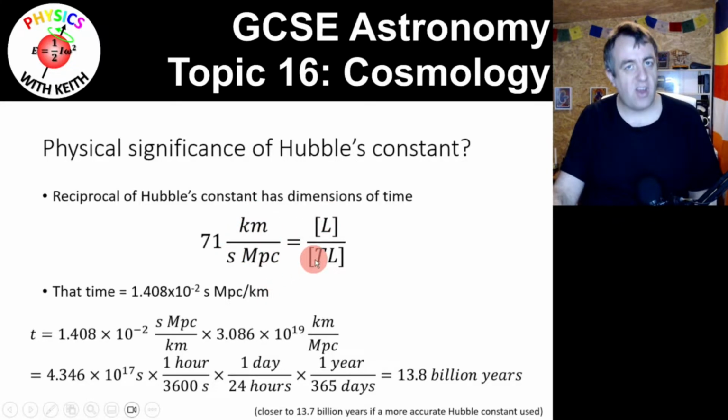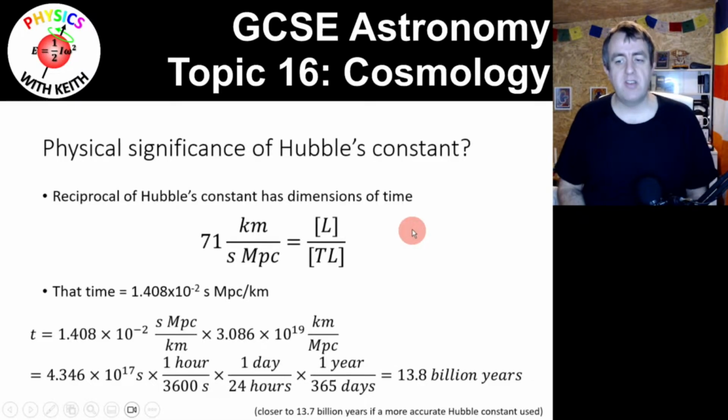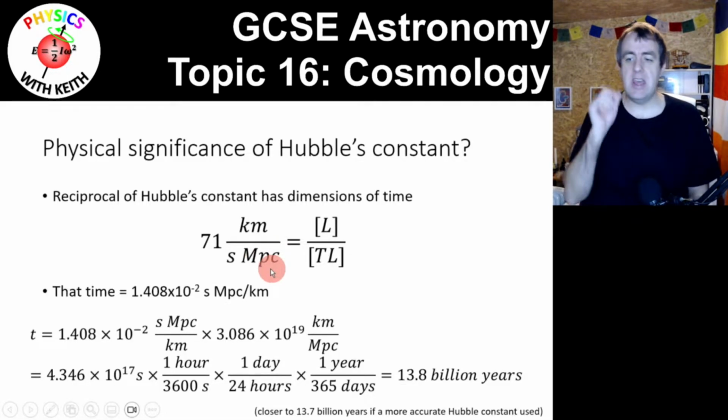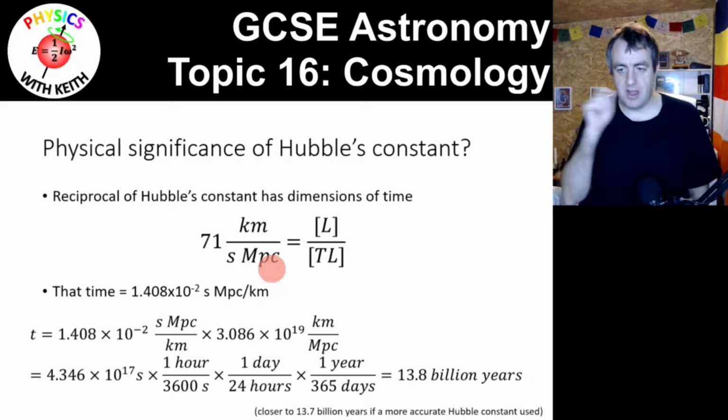Seconds is a time unit, and megaparsecs is a distance unit, and the distance dimension on the top cancels with the distance dimension on the bottom. So kilometres per second per megaparsec, which is what this unit is, that is a reciprocal of a time.